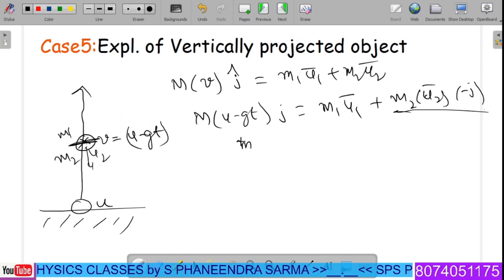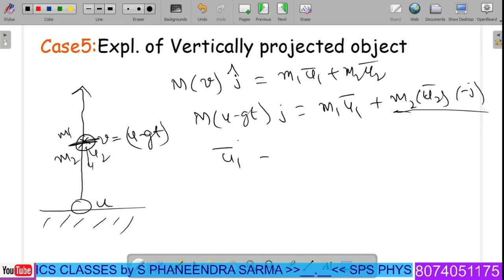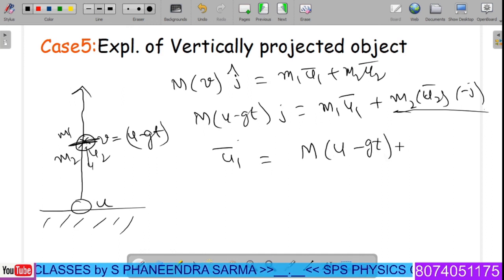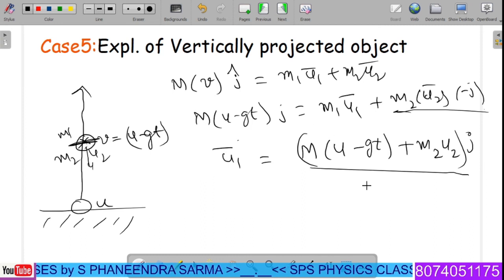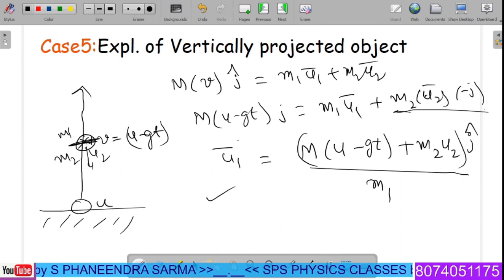As a result, I need only u1 bar. Therefore, u1 bar is equal to m of u minus gt plus m2 u2 whole into j, divided by the constant value, mass m1. Here j cap is the unit vector. So this is the velocity with which the object can move in the forward direction.